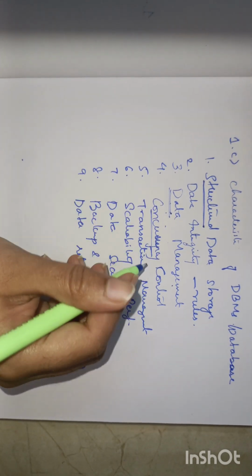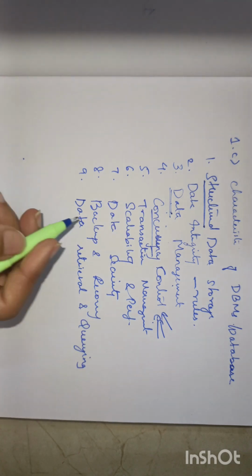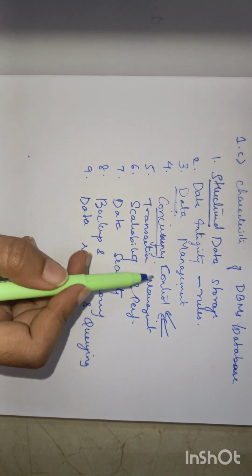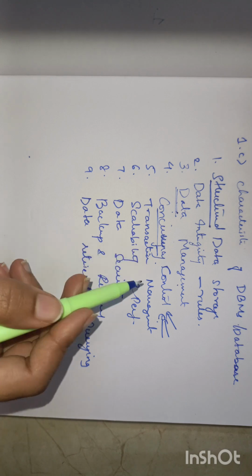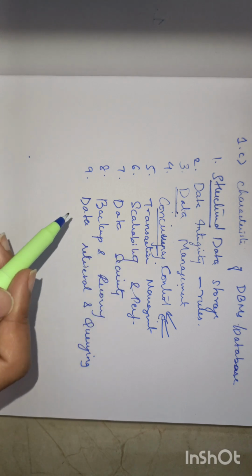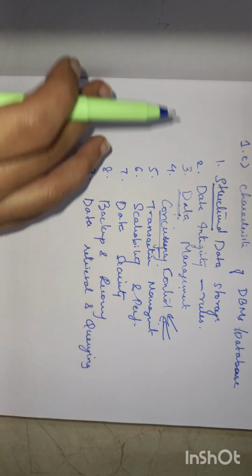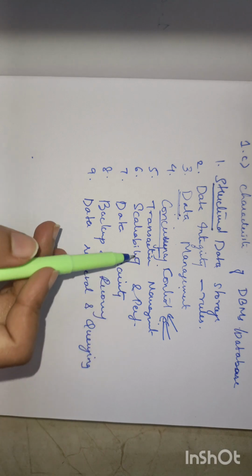Concurrency control means that multiple users can access the database at a given point of time. Transaction management means that databases support multiple transactions, or a sequence of operations, that take place until an entire event is successful or the event does not occur at all.